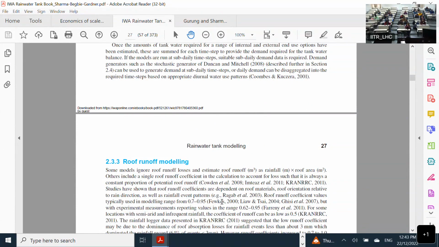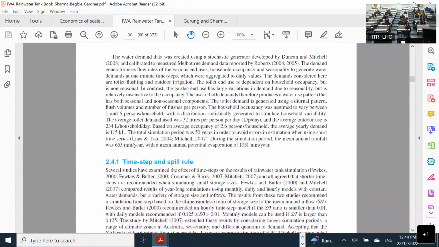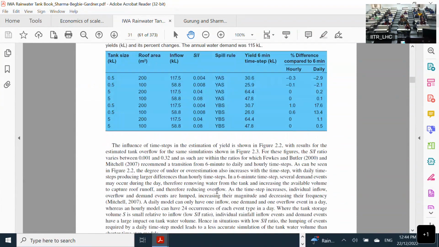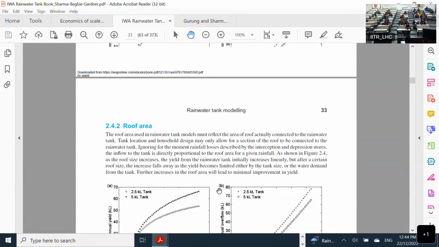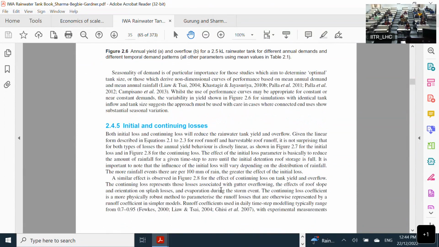So these are the two approaches, and there is a lot of discussion about both approaches in this chapter. And then the spill rule, that is, how you're going to put the spill rule in your modeling. The spill rule is the overflow from the tank. So you can see the tank sizes, the reliability pattern, all this has been done.